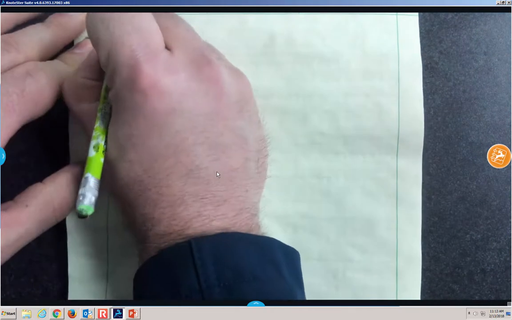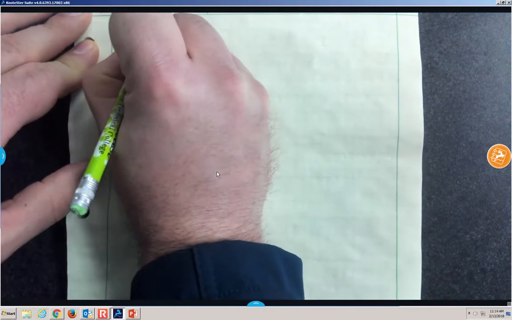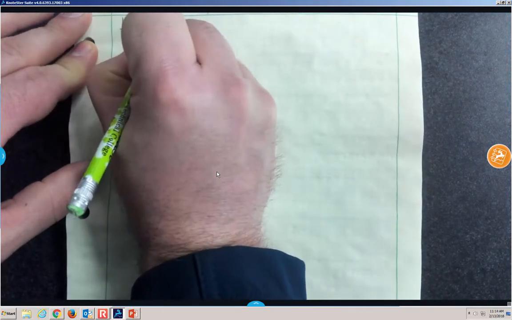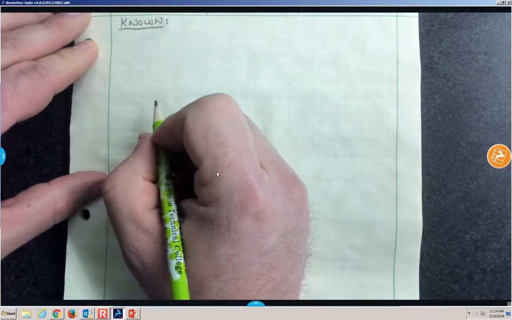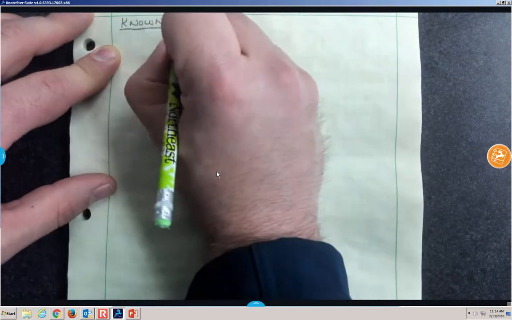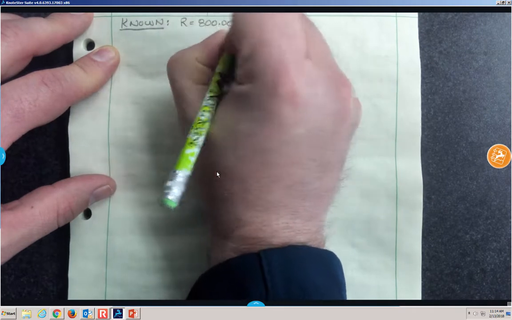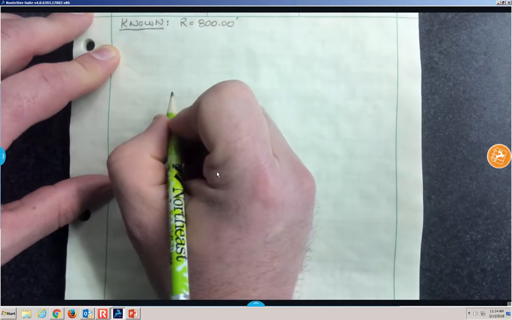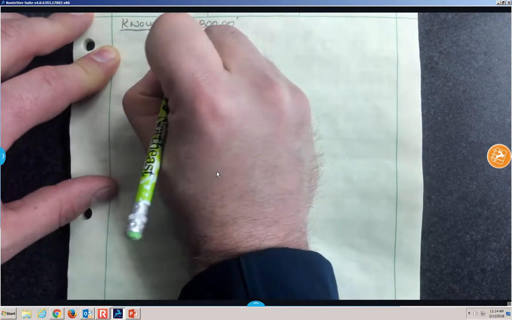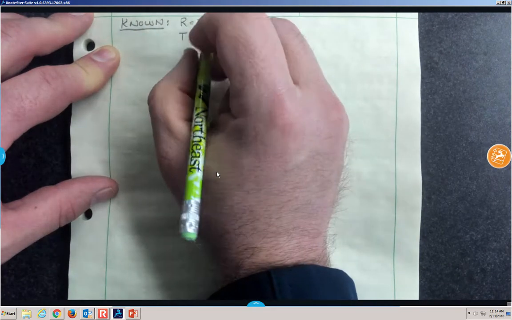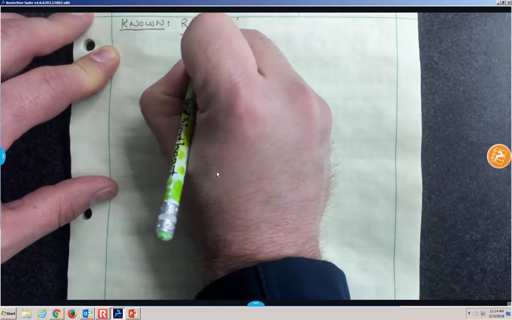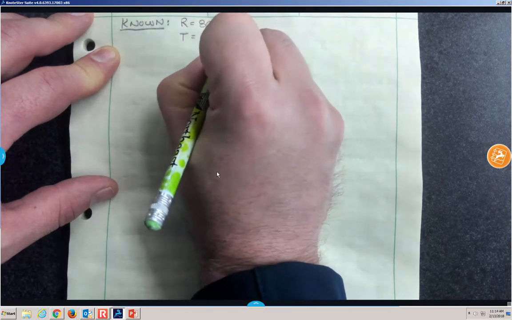All right, so we're given the radius, and it's 800 feet. Tangent is 651.50 feet.